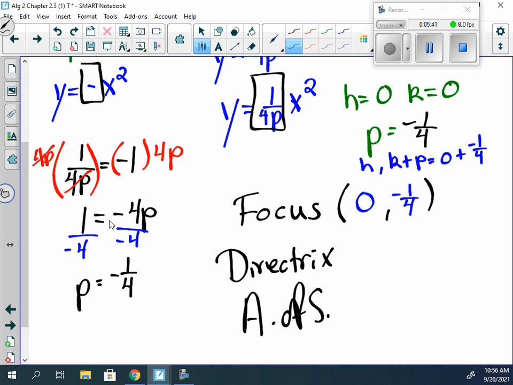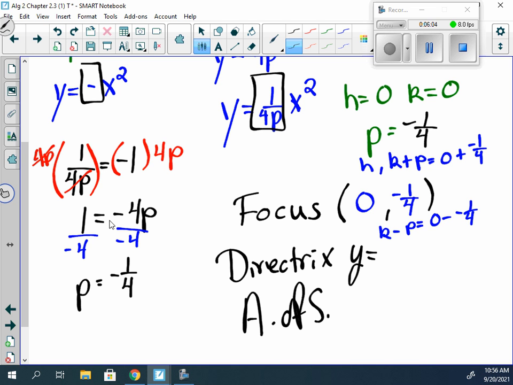So let's look back at the general form. It also tells the directrix is y equals k minus p. Well, that'd be 0 minus negative 1/4. Well, the negative and negative make a positive, exactly.